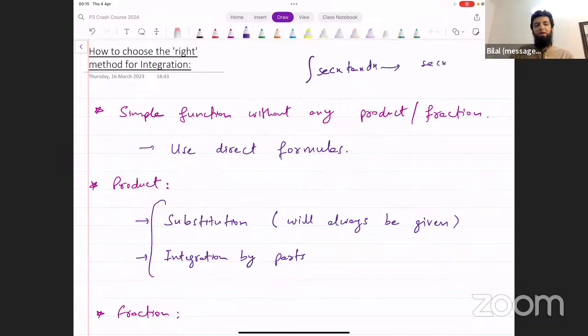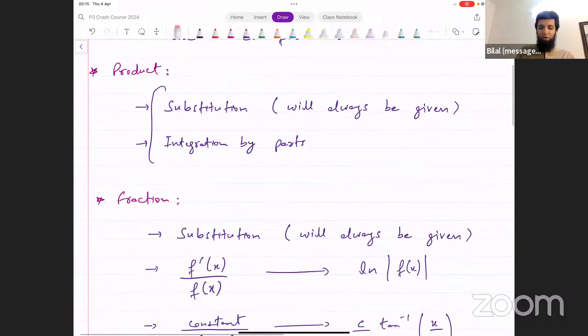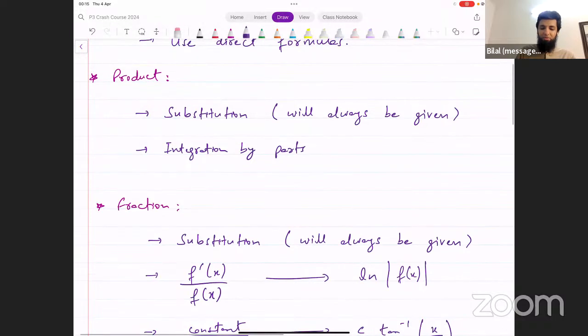But if it's a product other than that, for which you do not have a direct rule, you only have 2 possibilities. You can either use substitution or you can use integration by parts. If it is substitution, they will always tell you in the question that you have to use substitution. If they don't tell you and it's a product, what do you use? You use integration by parts.